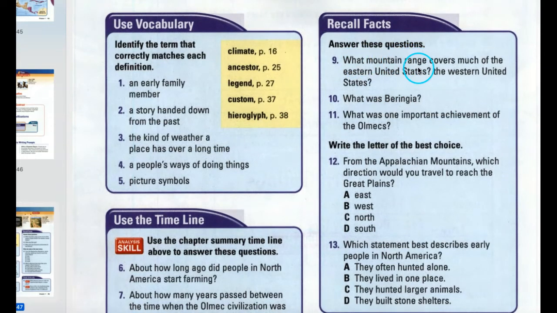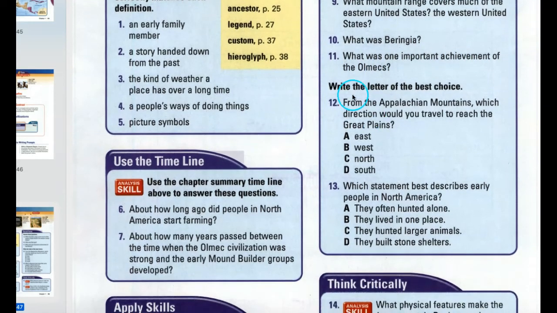What mountain range covers much of the eastern United States? Which mountain range covers much of the western United States? What was Beringia? What was one important achievement of the Olmecs? Write the letter of the best choice.